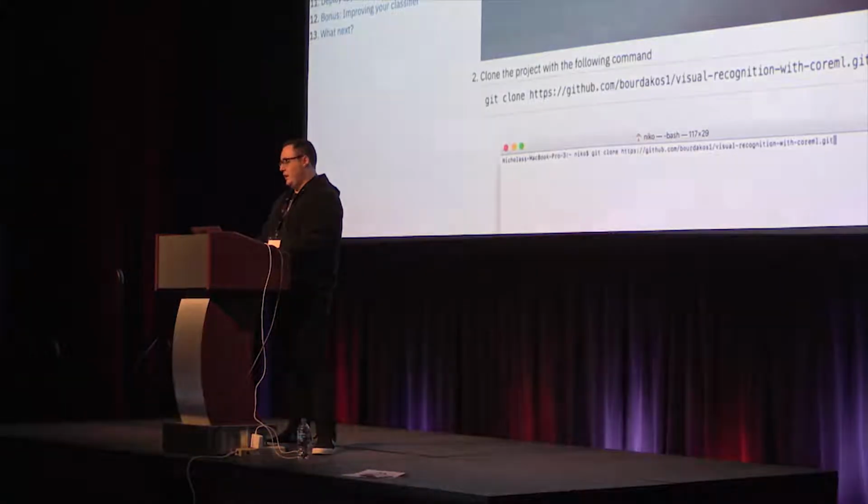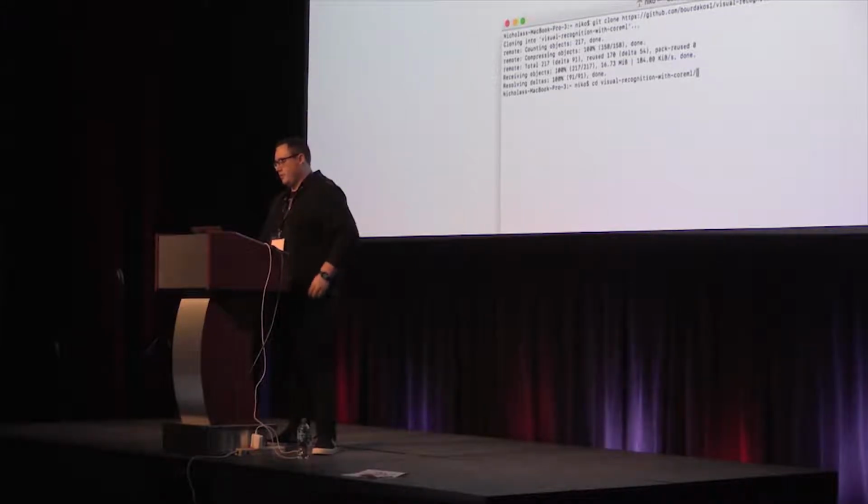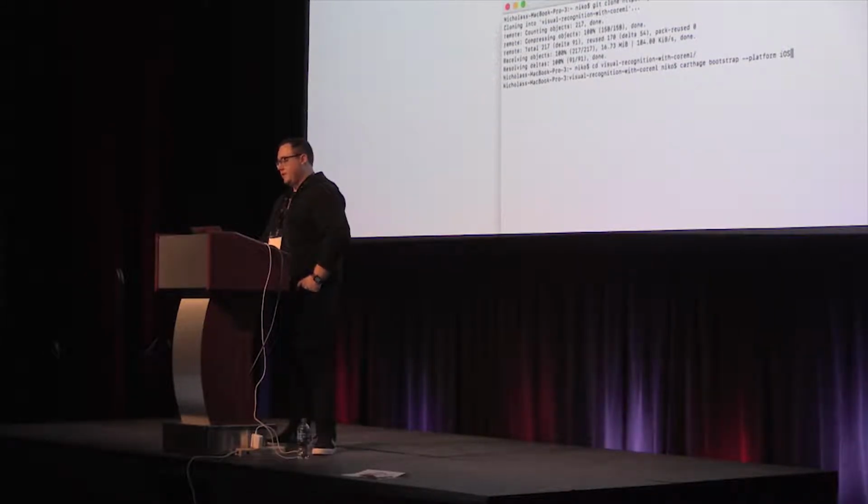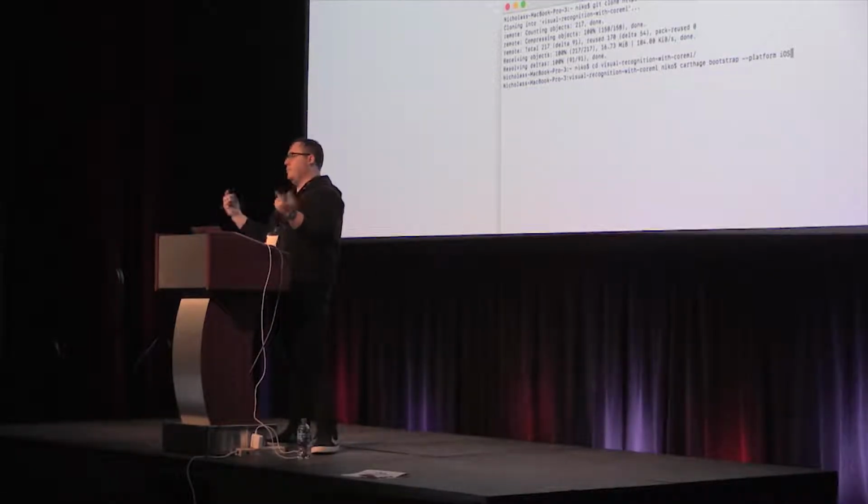That's also in the tutorial, if you just want to copy and paste it. What this is going to do is pull down the SDK so that we can use it in our app.